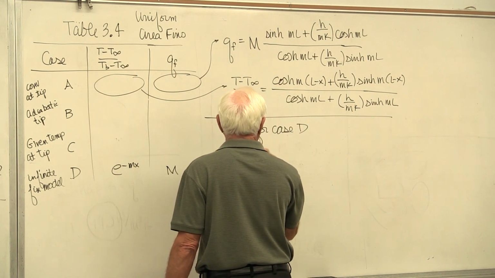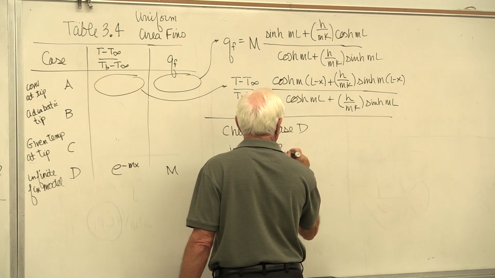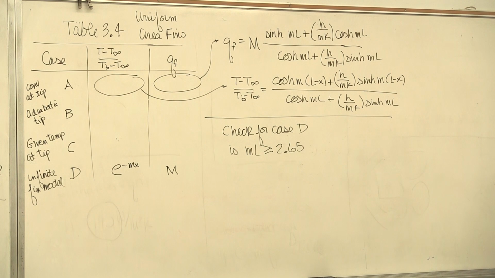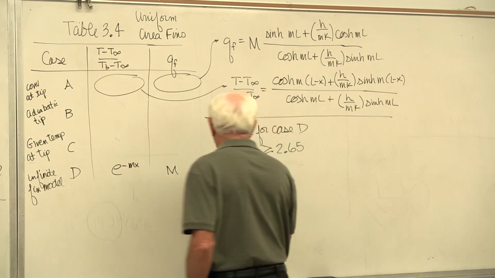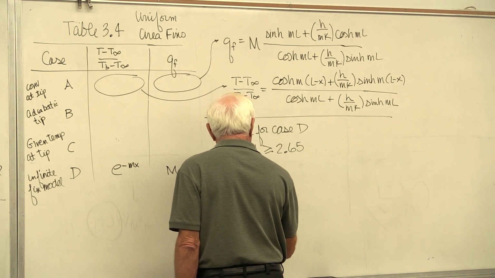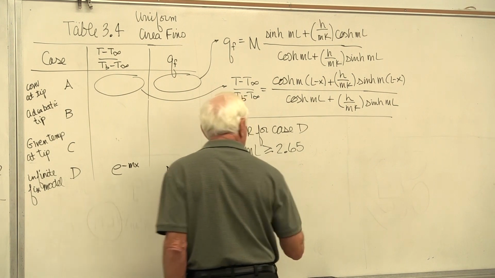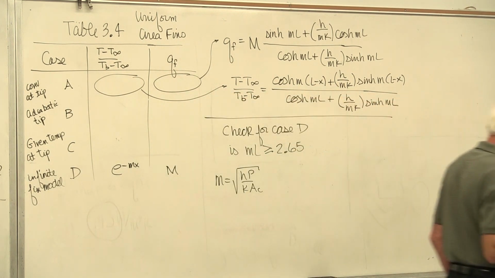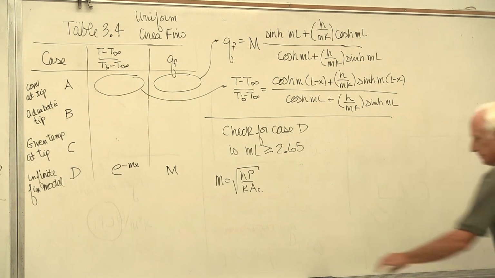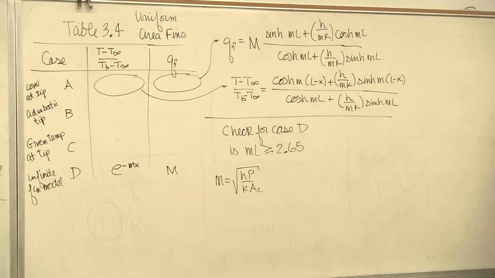Is ML greater than or equal to 2.65? If it is, I can use the simple case, case D. Next step, find little m, the square root of HP over KAC. The perimeter is obviously pi times d.